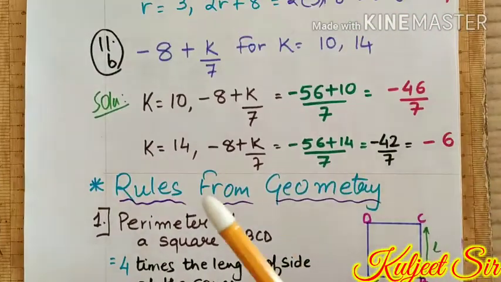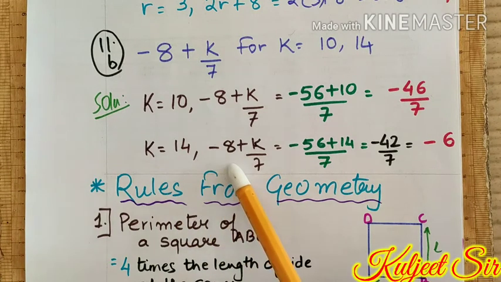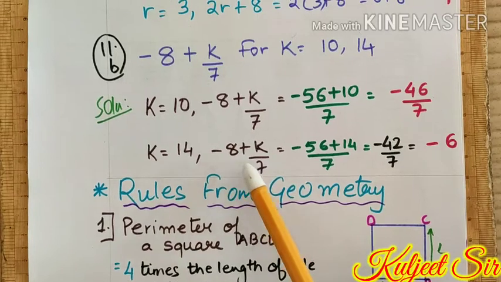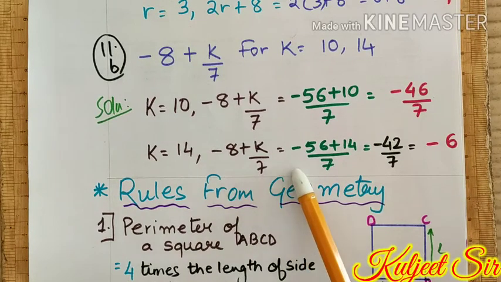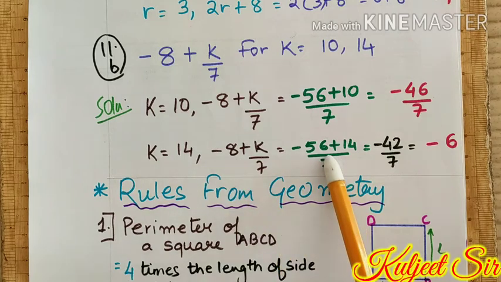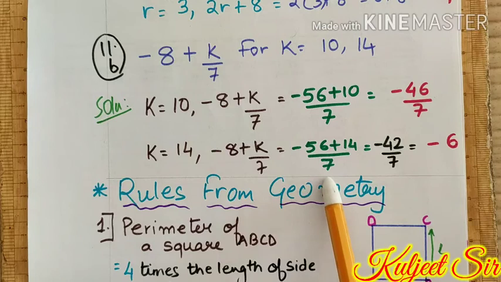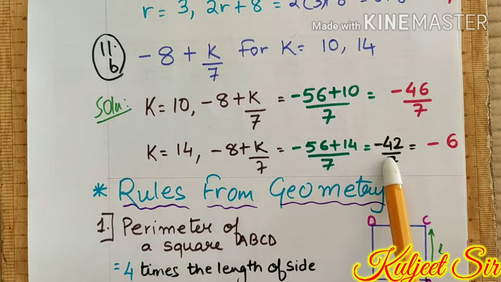Now let me take the value of k as 14. The question remains the same, minus 8 plus k upon 7. 7 7s are 49 and 7 8s are 56. So minus 56 and plus the value of 14, divided by 7. Minus 56 plus 14 will give me minus 42 upon 7.